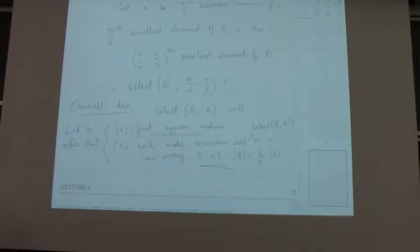All the textbooks that I've listed on the course page will have the details of this. But the idea is just this: you find the approximate median, then you reduce the size of the array by some constant, and it converges to linear time. So that's what we will do.